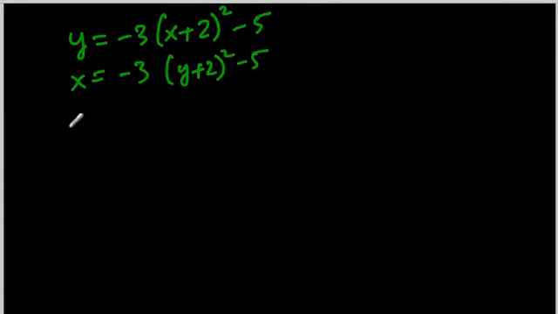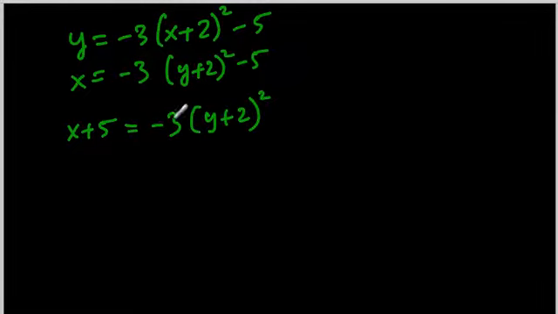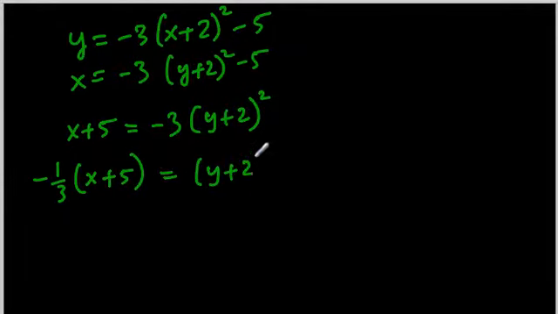First, we're going to add 5, so it's x plus 5, because I want to get rid of that, equals negative 3 (y plus 2) squared. Next, I'm going to divide by negative 3. So it's negative 1/3 (x plus 5) is equal to (y plus 2) squared. Then I'm going to square root both sides.